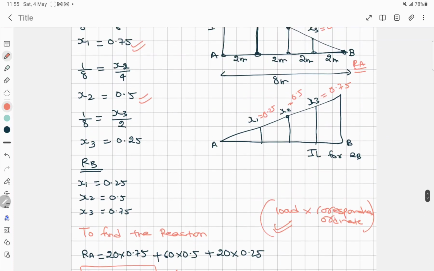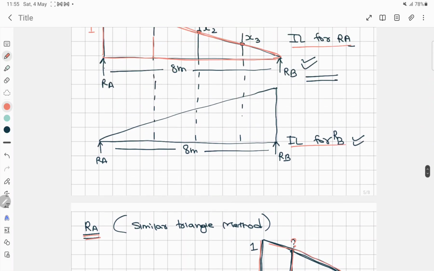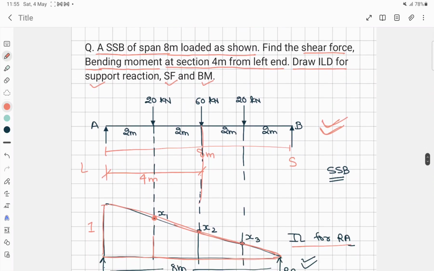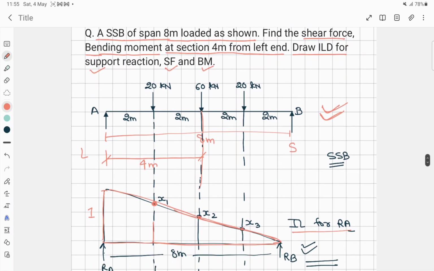So this was all about this question. Again I'll explain you in short. In this question, we have to draw the ILD diagram for support reaction, shear force and the bending moment. But here the shear force and the bending moment we have to calculate at section 4 meter from the left end.